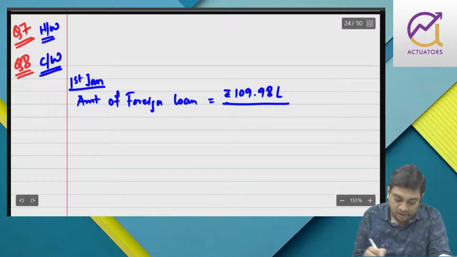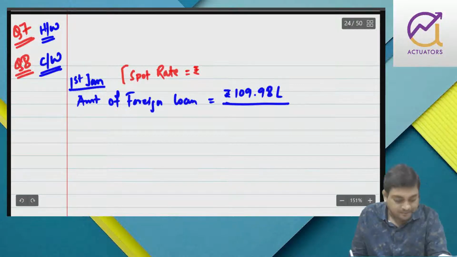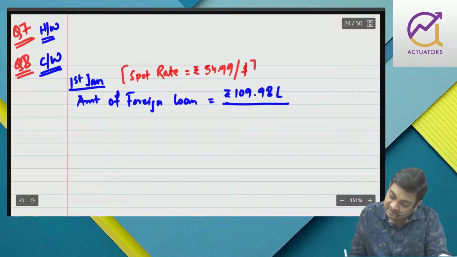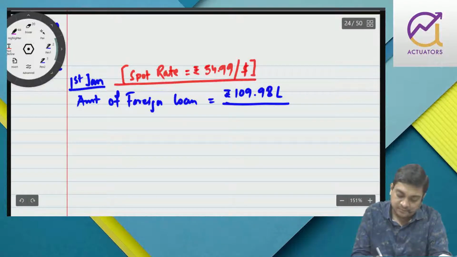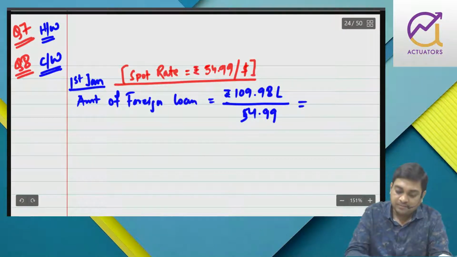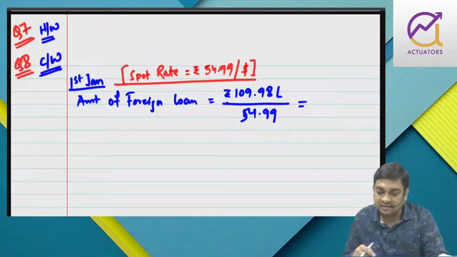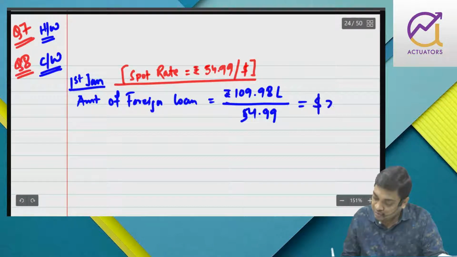The spot rate on 1st January is rupees 54.99 per dollar. So it will be converted using 54.99, back calculation. So 109.98 divided by 54.99 comes to $2 lakh.